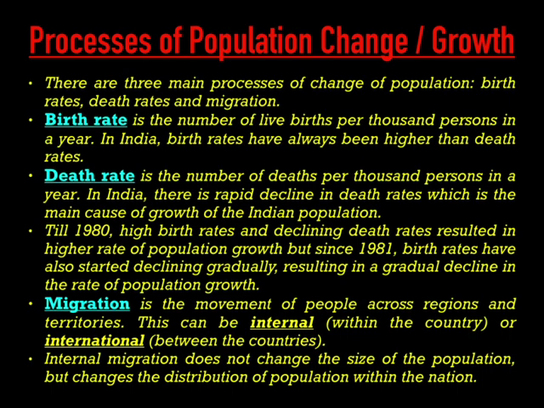For example, if some people from Bihar settle in Mumbai, then the country's population, that is the population of India, will be the same because Bihar and Mumbai are both part of India. But if some persons from Delhi settle in Moscow, that is in Russia, then that migration will be international and it will affect the total population of the country.